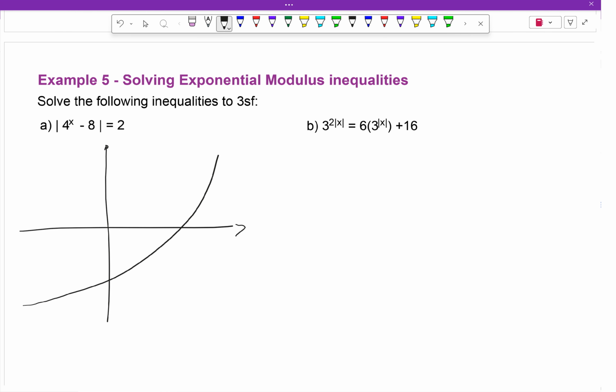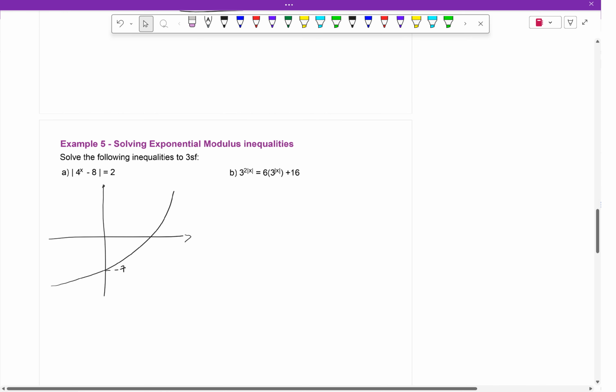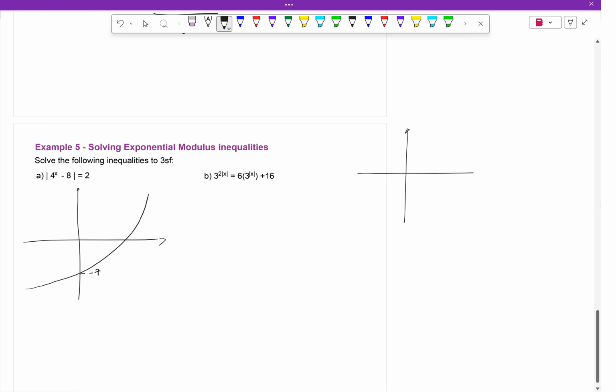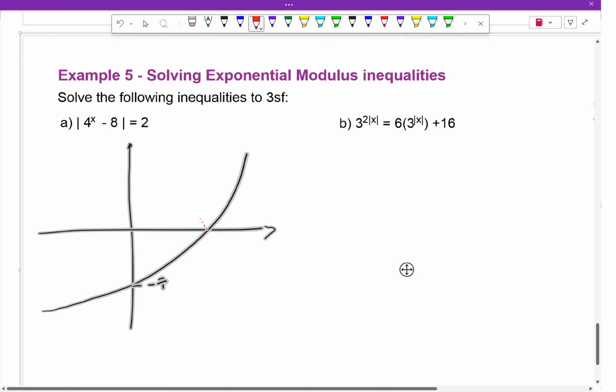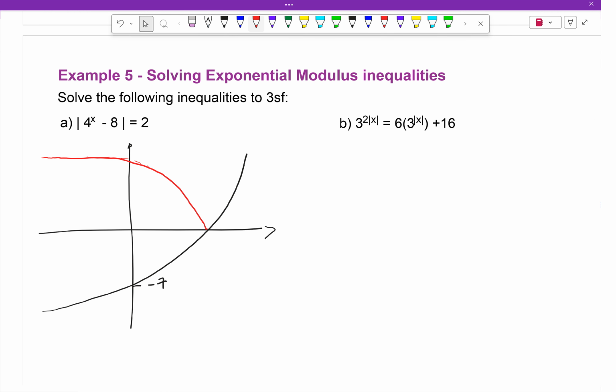If there is no modulus, then we are starting from negative 7, because originally for any exponential it's always 1 as the starting point. But because of the modulus, it's going to reflect like that. So we are not considering this part, we are only considering like that.